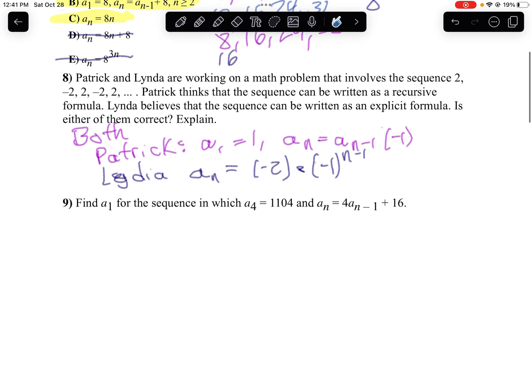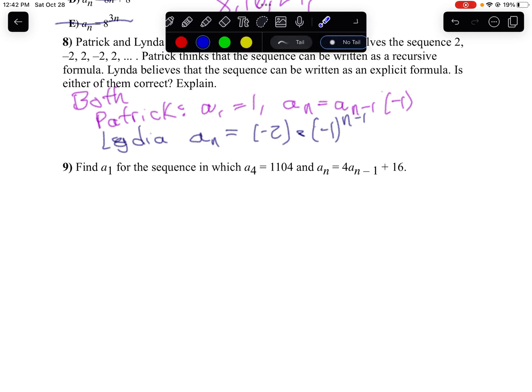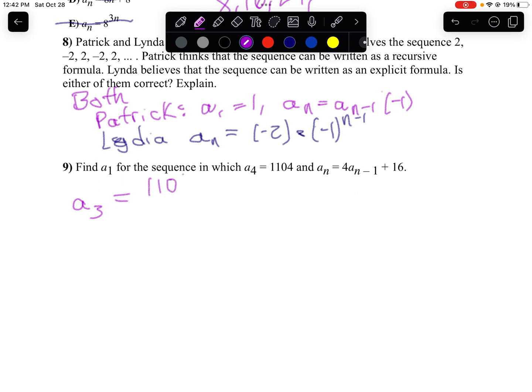On question number 9, I want to find the first term if I'm given the fourth term, and I know to find the next term, I multiply by 4 and add 16. Well, to work backwards then, I'm going to subtract 16, so I'm going to take 1104 minus 16, and I will divide that by 4.